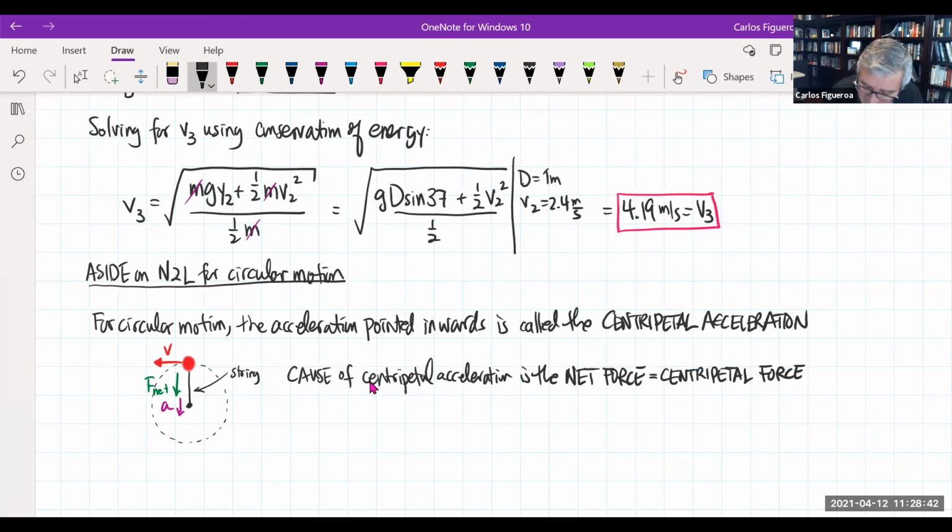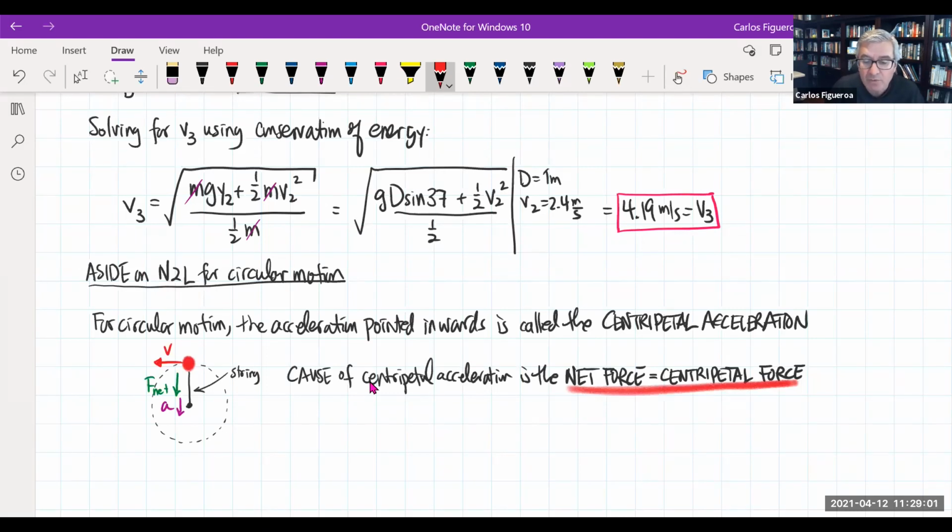So when somebody says the centripetal force, they really should be talking about what? They should be saying the net force. But we say centripetal force because we have circular motion.